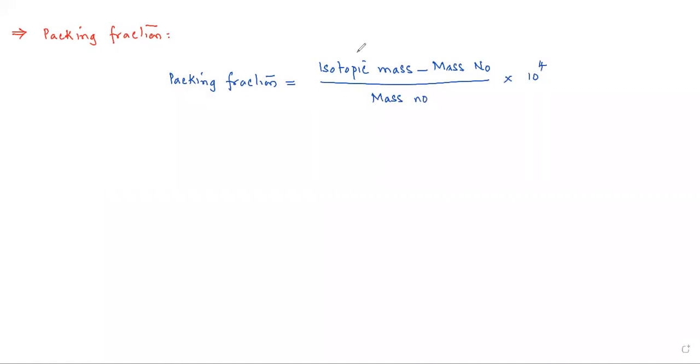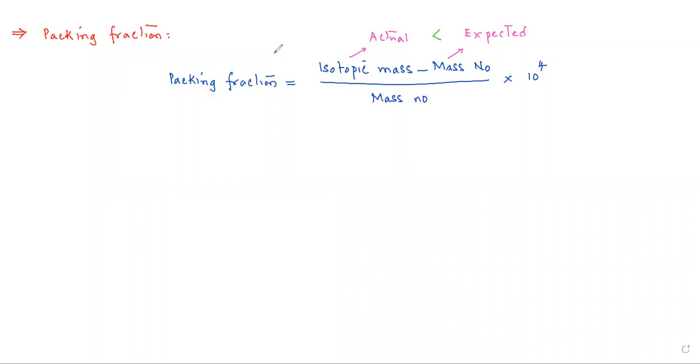See, in general, isotopic masses, the actual mass of a nuclide, will be less than the expected mass. In general, it will be less.